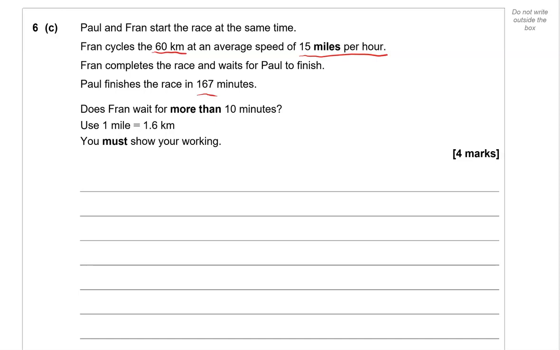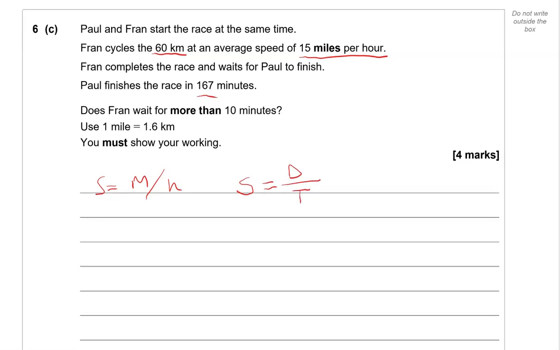So we're going to make use of the speed formula here. So speed, if you've forgotten the formula, normally we say miles per hour. And that is what it is. So speed, miles represents the distance, hours represent the time.